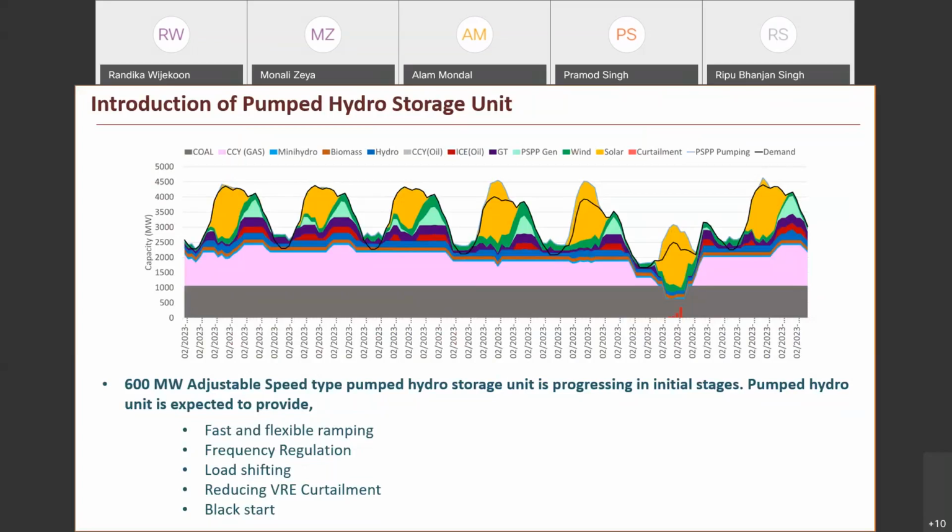And we are planning on adjustable speed type hydro units, which allow a range of services such as flexible ramping, frequency regulation, and this will even reduce the renewable energy curtailment in the time to come. And we have an initiative underway for a 600 megawatt adjustable speed type pumped hydro unit. Next slide, please.